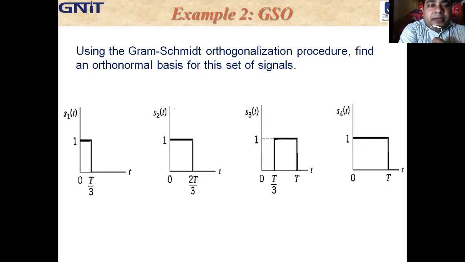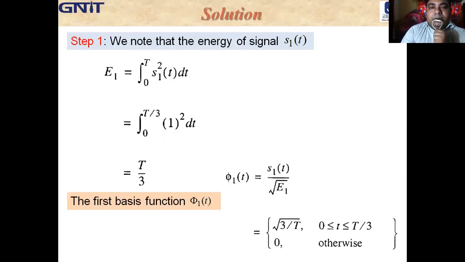So how to determine the first basis function? To evaluate the first basis function, first we need to find the energy of signal S1(t). The energy of signal S1(t), say E1, is determined as the integration of S1 square (t) dt.